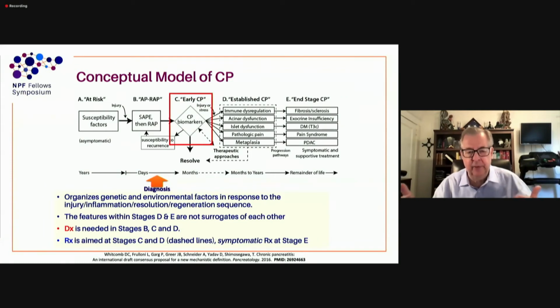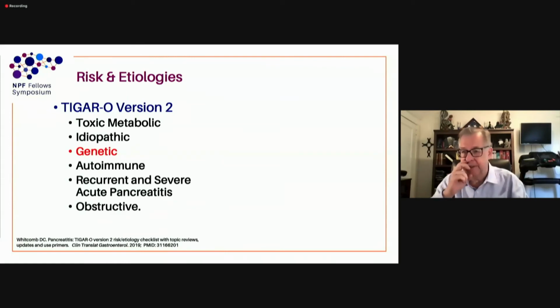Thirdly, we really want to move the diagnosis from end-stage disease up until the very first episodes of acute pancreatitis so that we can make a diagnosis in time to do an intervention and try to understand the mechanisms driving disease.